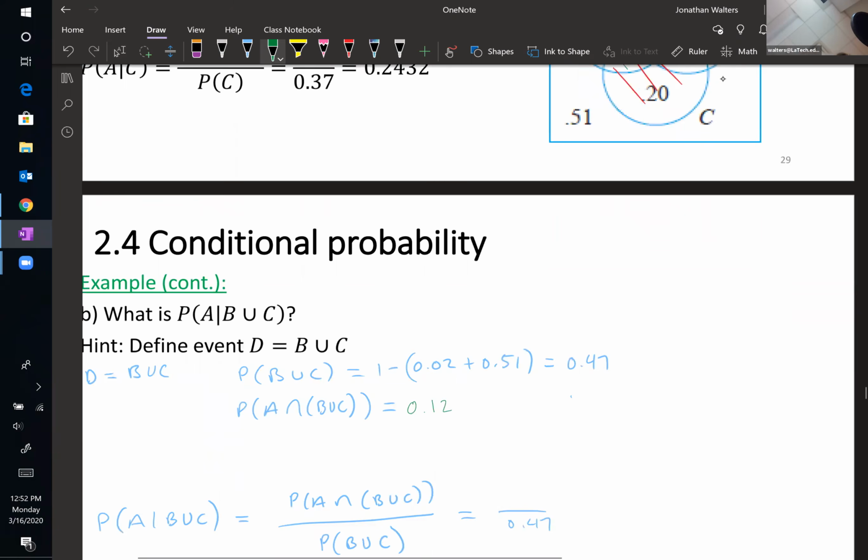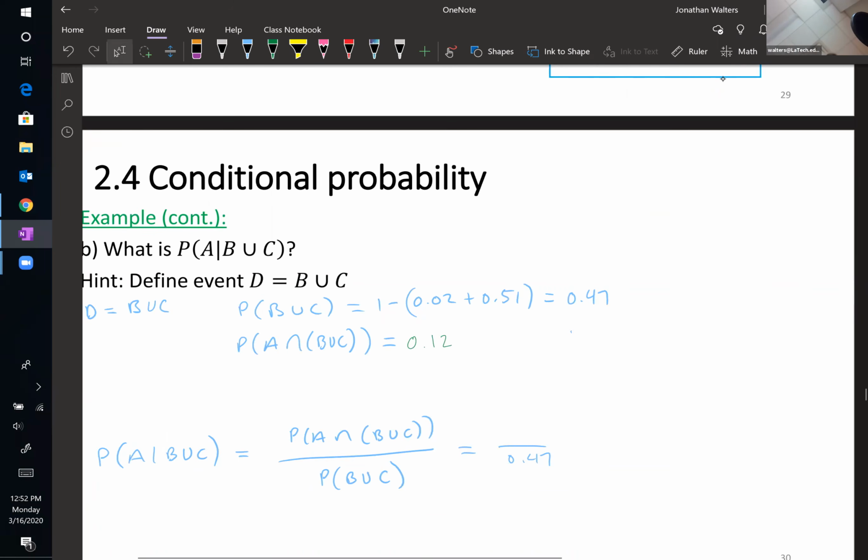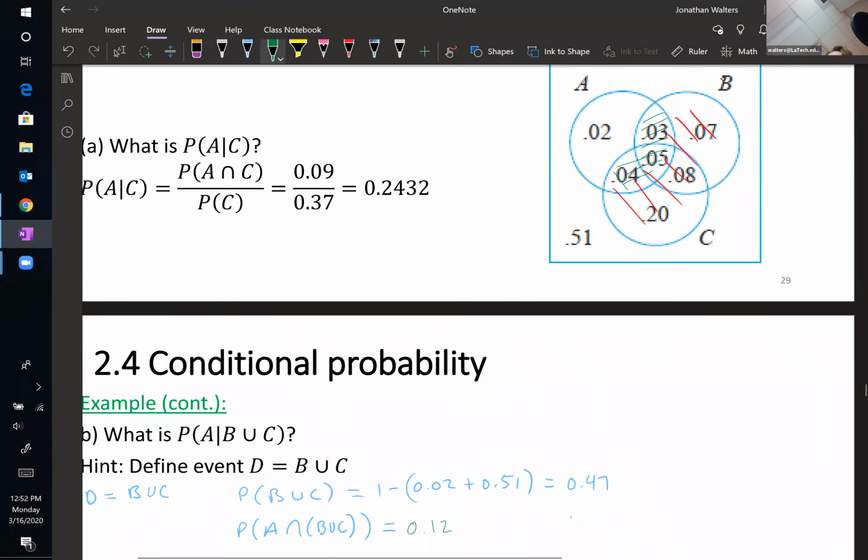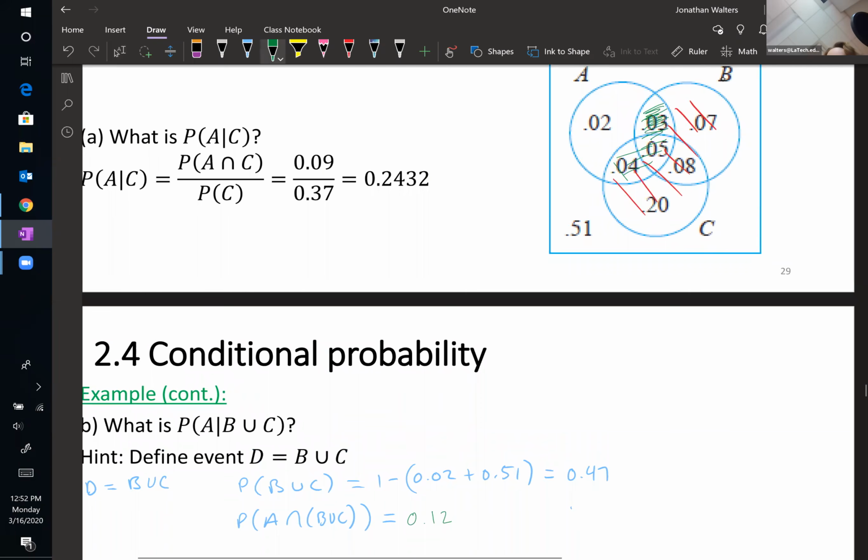Now, what you could have done, let's see, this is the best way. You could have done a distributive law like I talked about in class on Friday, but I think it's actually better to look at it this way. Just say that it's these three. So where does A intersect this red stuff? So that's that intersection.